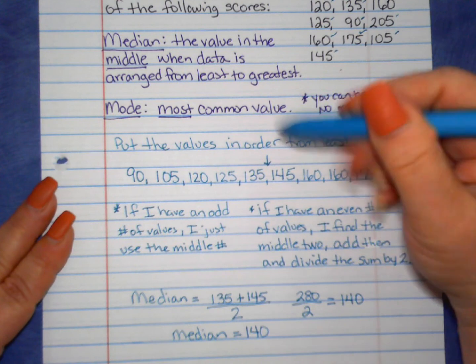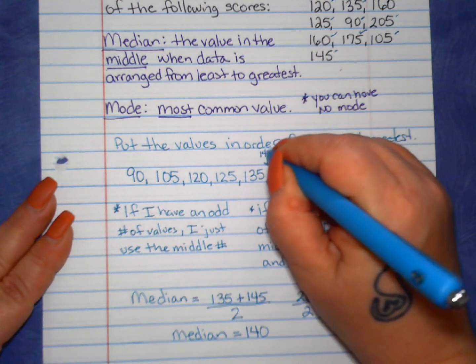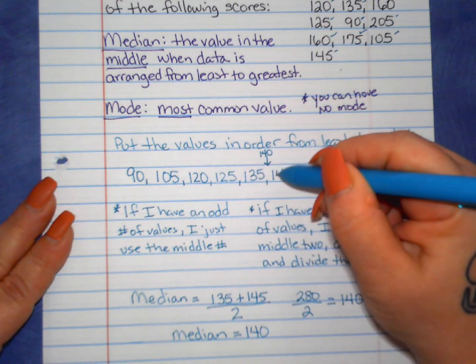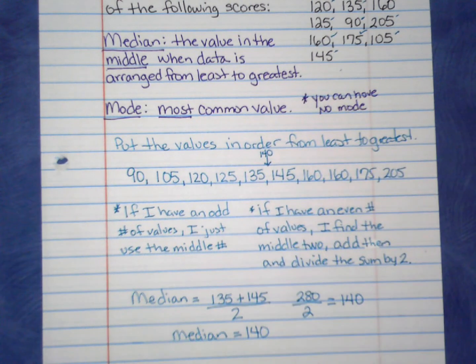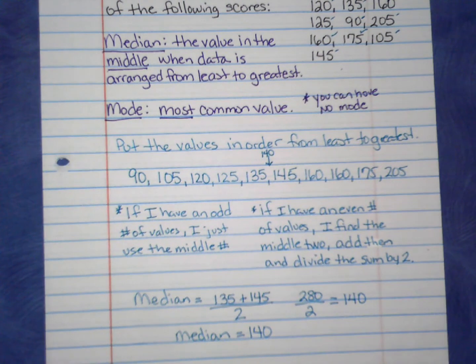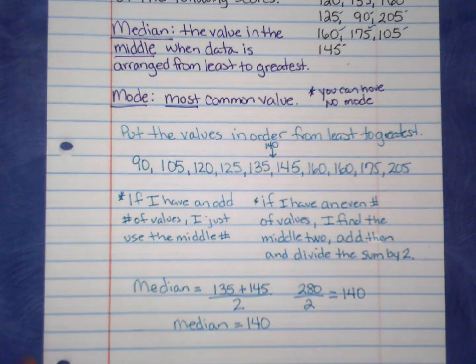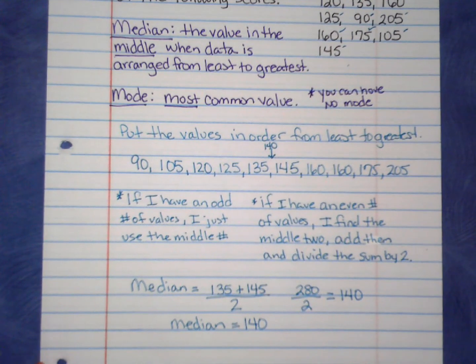And if you think about it, 140 would fit right in between there, wouldn't it? 135, 145, what would be the middle if you were counting by 5s? 140. All right, so that's my median. That's the very middle of the data, okay?